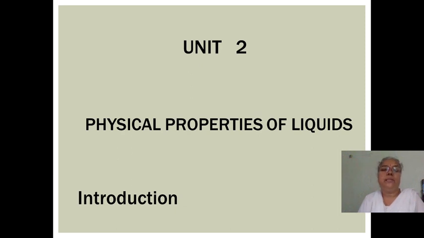And in this chapter, our focus is to study the physical properties of liquids. All of you know there are two types of properties, physical properties and chemical properties. The physical properties are the properties that are studied without change in chemical nature as well as without change in the structure of the compound.